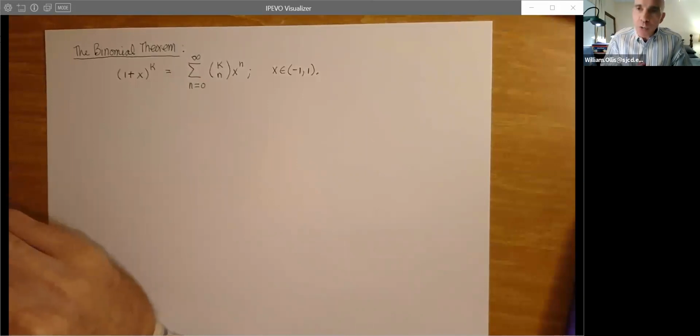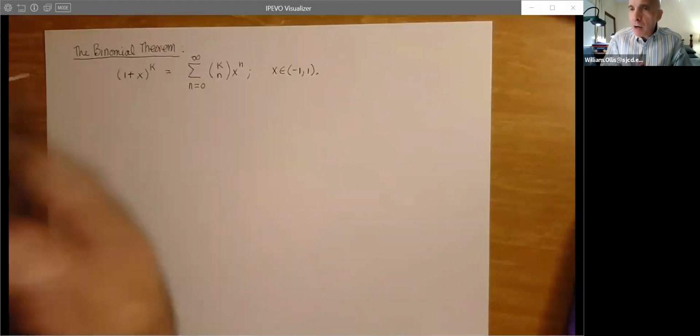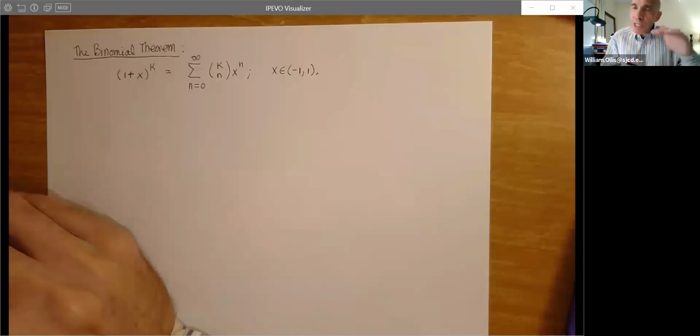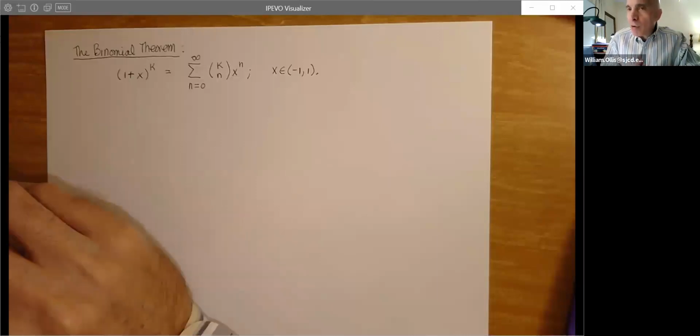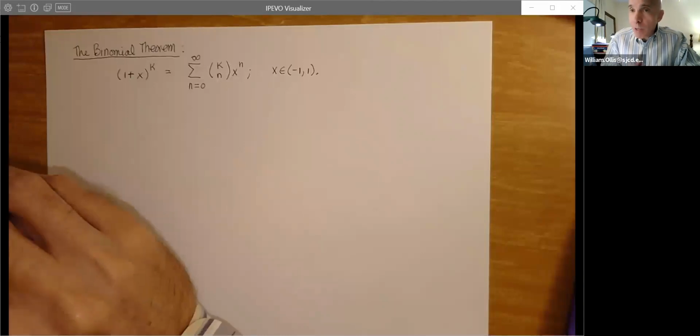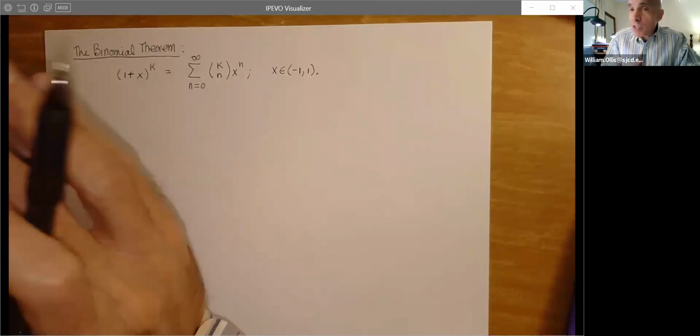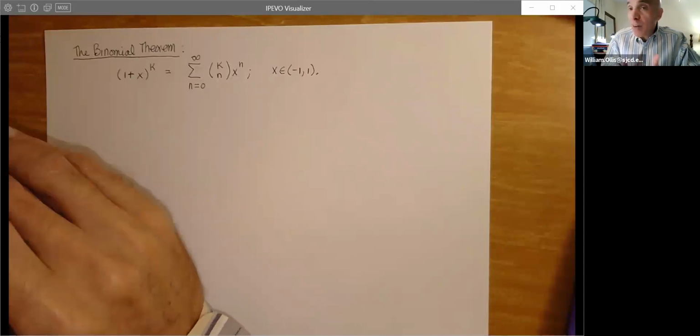So Raabe's test or other similar tests take you to the next level and allow you to assess convergence at endpoints when tests that you would normally think would work fail.